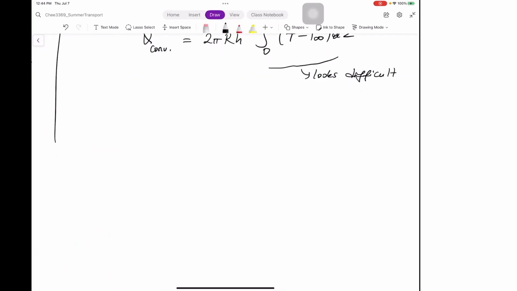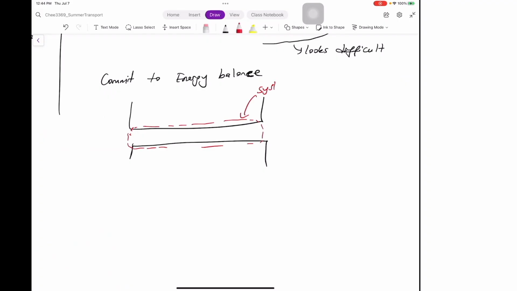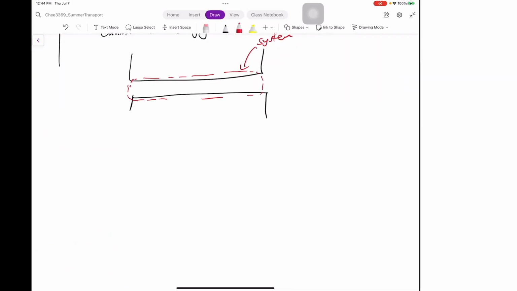Another, easier way is to commit to energy balance. Here's the rod, and let me take my system as this entire rod. Let me decide all the inputs, all the outputs, and so on.